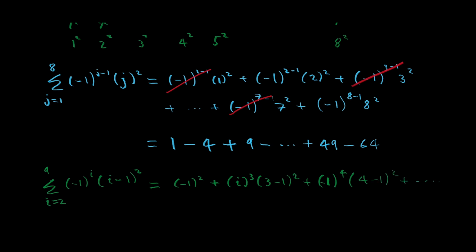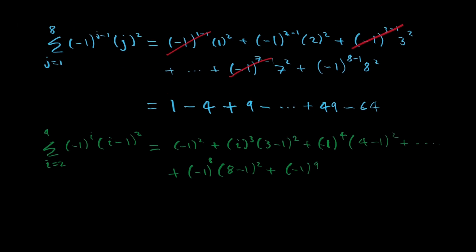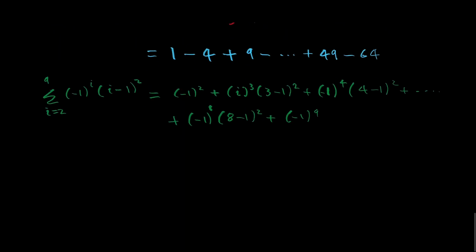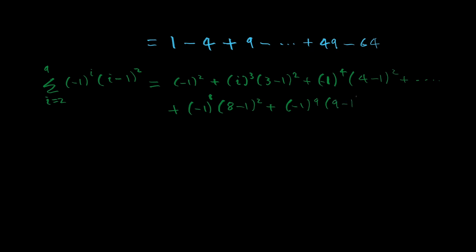This time I'll write the second last term. That would be negative 1 to the 8th times 8 minus 1 squared, plus the final term is just going to be negative 1 to the 9th power times 9 minus 1 all squared.